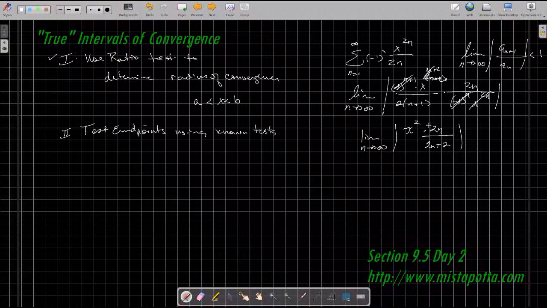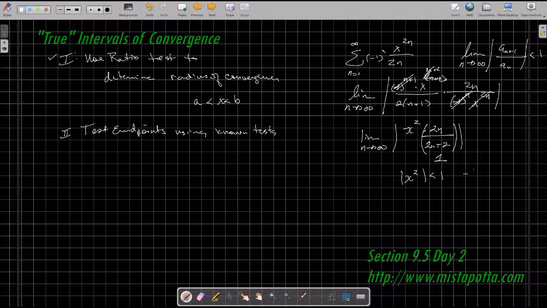Now, this part here is a pretty well established limit. That's going to be 1. So what I really need is I need x squared to be less than 1.